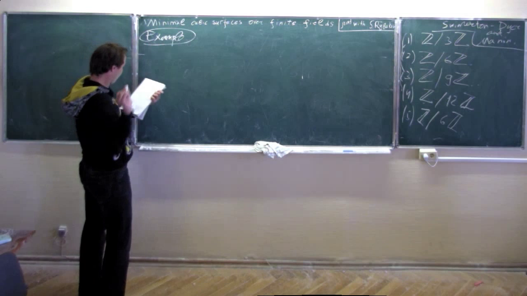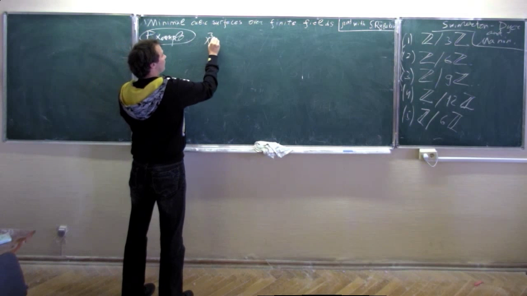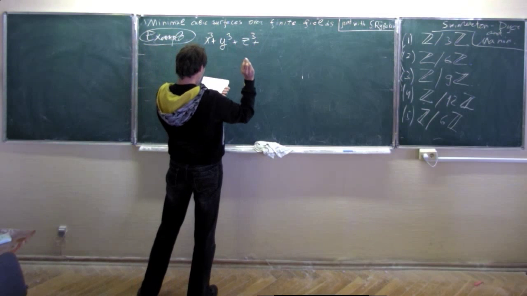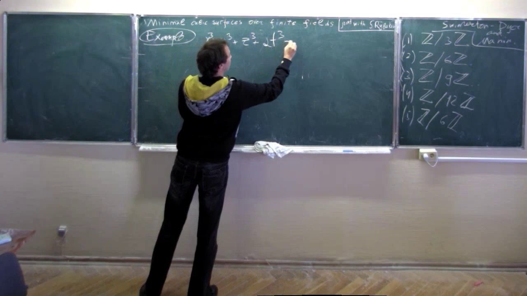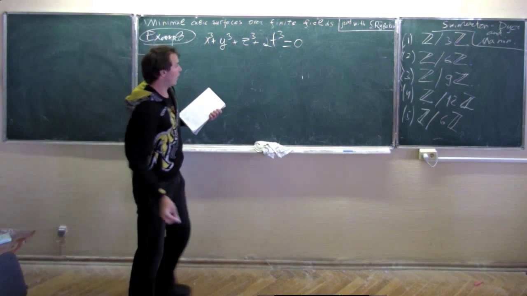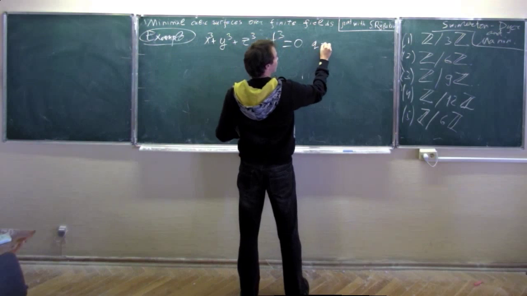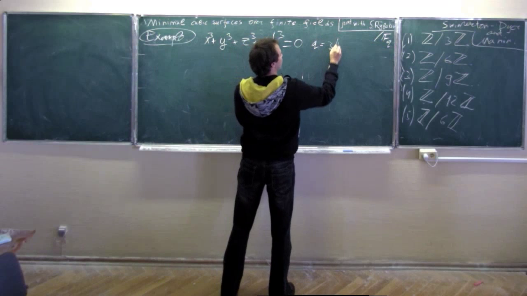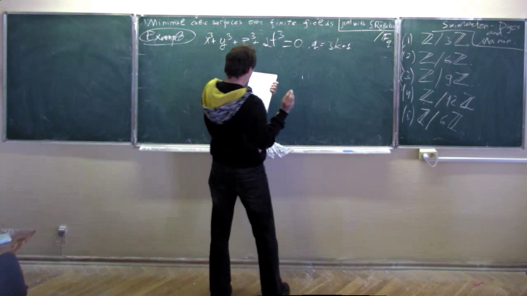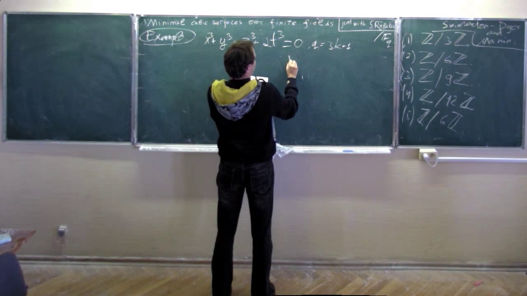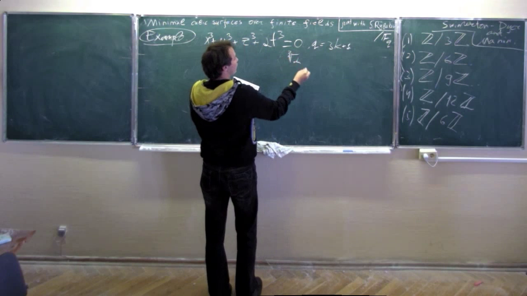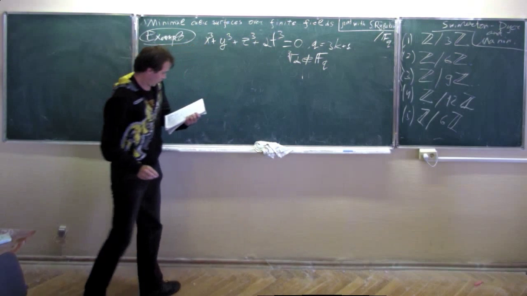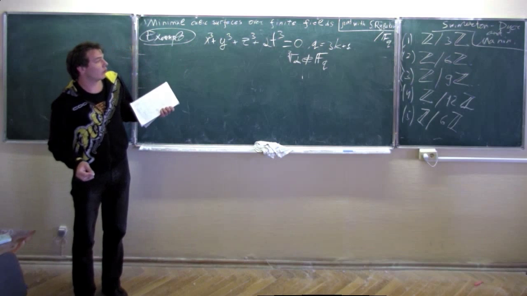Example. Consider the cubic surface x cubed plus y cubed plus z cubed plus alpha t cubed equals 0, where q, the order of the field, equals 3k plus 1, and the cube root of alpha is not in our field.